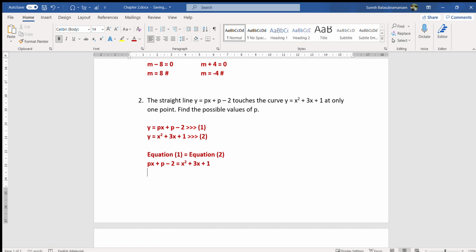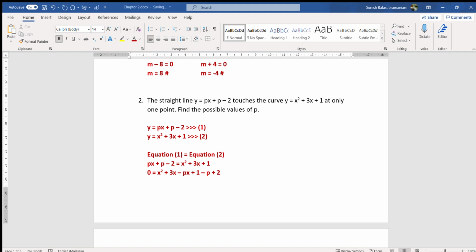Okay, I'll bring all the terms to my right. So I'll get 0 equals x squared plus 3x minus px plus 1, plus becomes minus p, plus 2. Let me check if I've included all the terms. x squared plus 3x minus px plus 1 minus p plus 2.